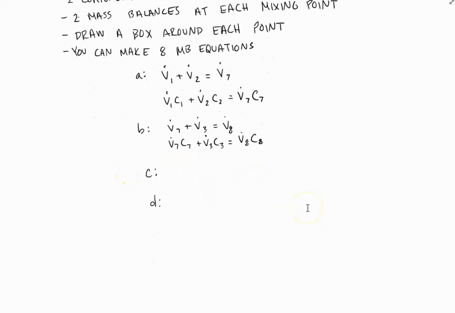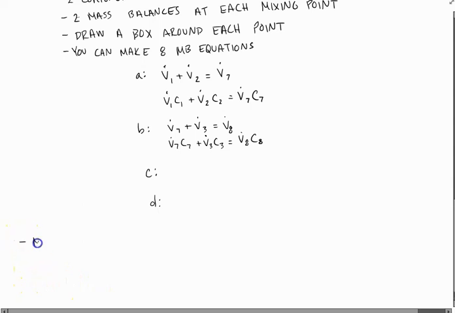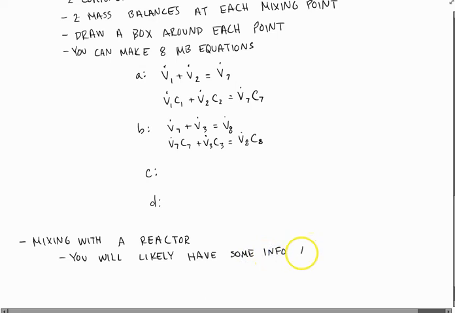So in this next example, I'm going to show you a system that has a mixing, actually a splitting point as well, and a reactor. In a problem like this that includes a reactor, you're probably going to have some process specifications that you can use to write equations about the flows and concentrations coming in or coming out of that reactor.